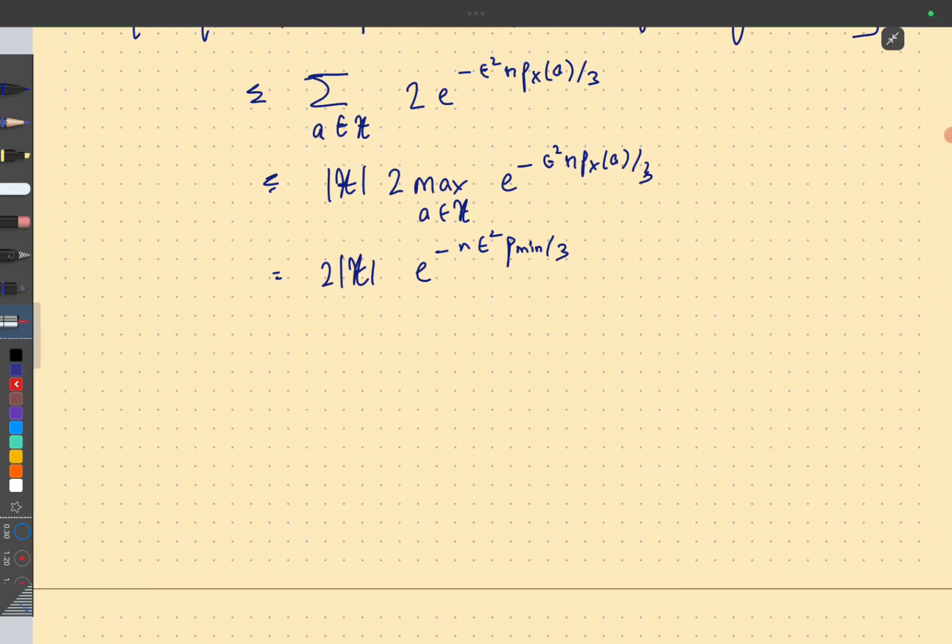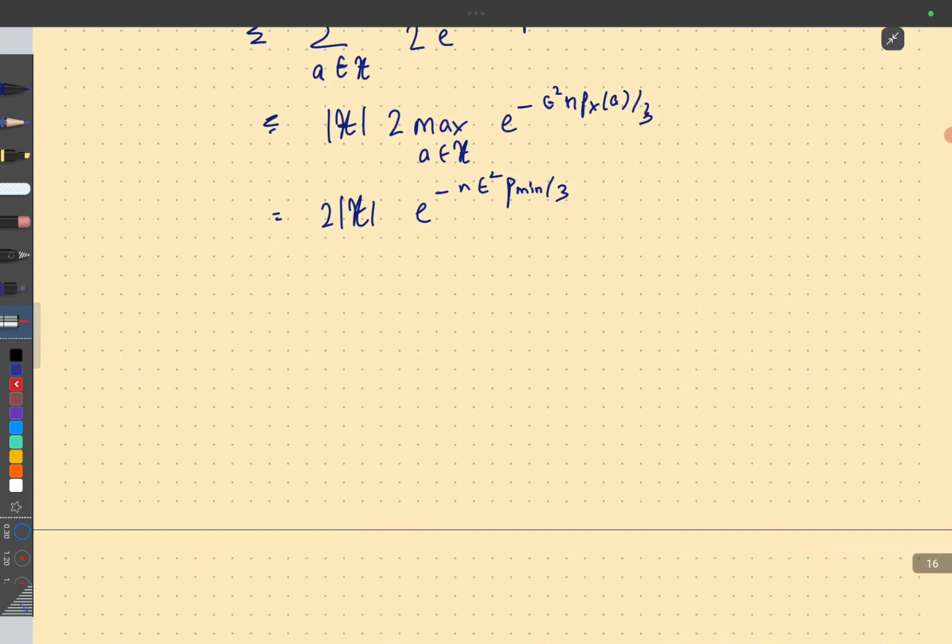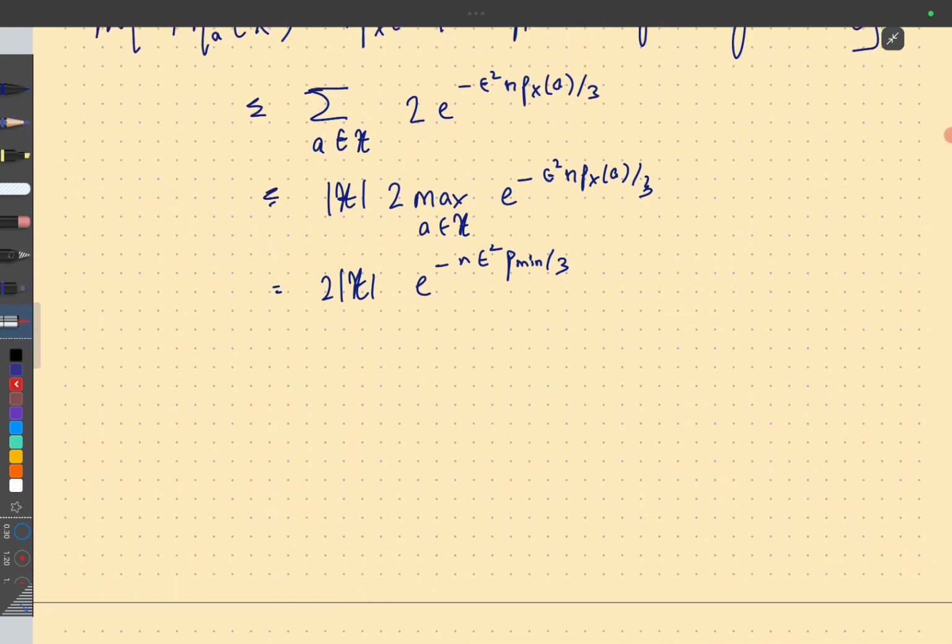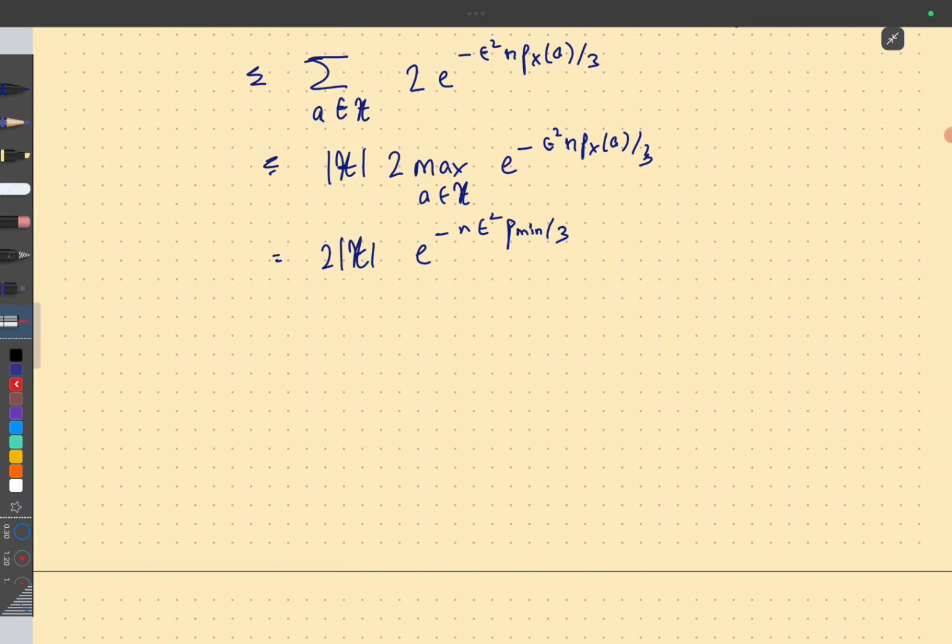The probability that this deviation is large, in fact, decays exponentially in the number of trials. All right, that's a very powerful statement. This holds true for IID sequences, but may or may not hold true if there's some amount of dependence. We'll also analyze probabilities where we don't necessarily have independence among random variables.